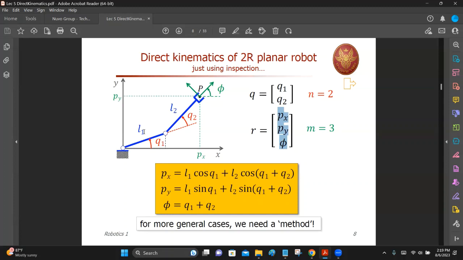However, it has already rotated, that doesn't matter. From that point onwards, this joint works. So the reference direction for joint 2 is not horizontal. It is actually the previous link.